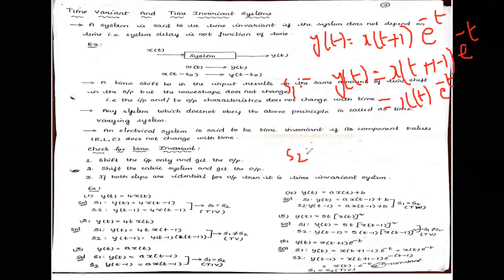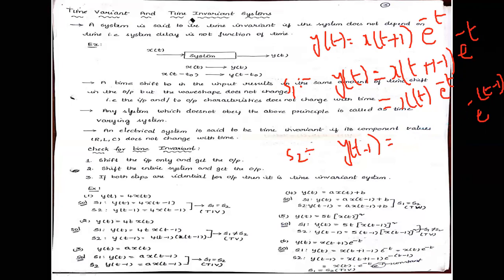And step 2 says replace, the entire system is shifted. Y of t minus 1 is equal to x of t plus 1 minus 1 e power minus of t minus 1. That means replacing t with t minus 1. Okay, my dear students.